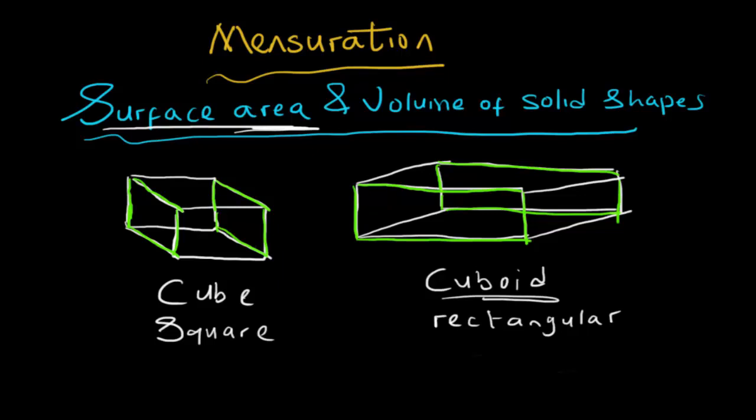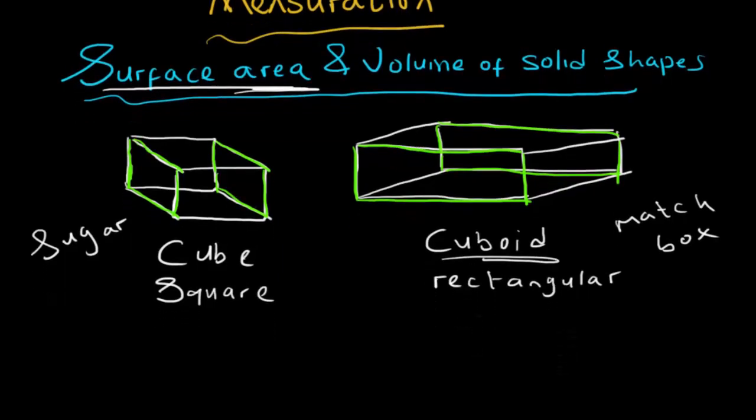A cube is like your sugar, you know, cube of sugar, while a cuboid is like your match box. All right. So in this video, we want to see what is the surface area of a cube and what is the surface area of a cuboid. Also, what is the volume of a cube and what is the volume of a cuboid.